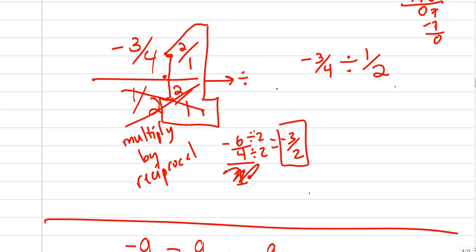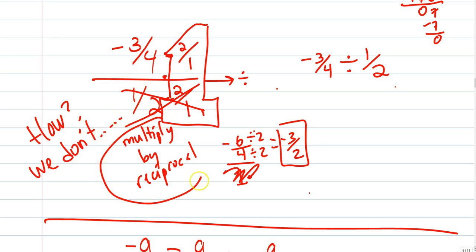So I can do the same thing here. How do I divide by a fraction? We don't. It's more complicated than I want it to be. What do we do? Multiply by the reciprocal. So I can take this negative 3/4 and go, I don't want to divide it.